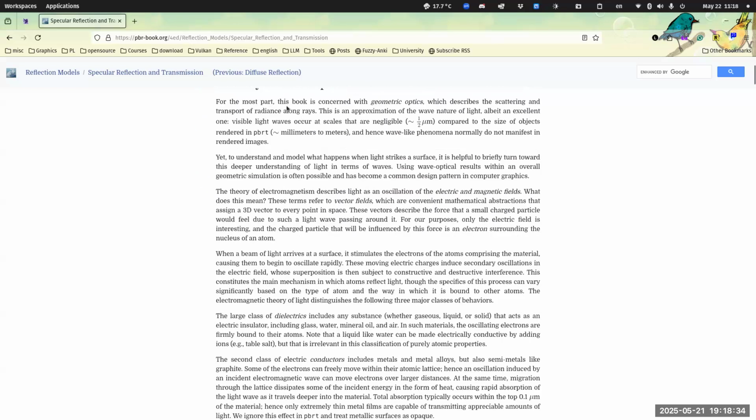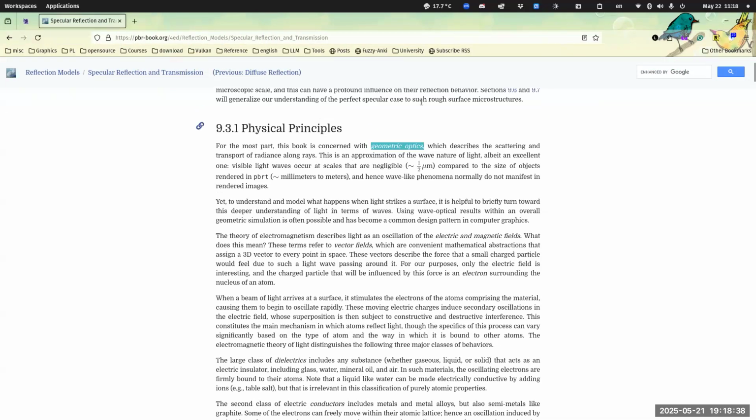So for the most part, this book is concerned with geometric optics, which describes the scattering and transport of radiance along rays. We are doing ray tracing after all, not wave tracing. So it's an approximation of the wave nature of light.